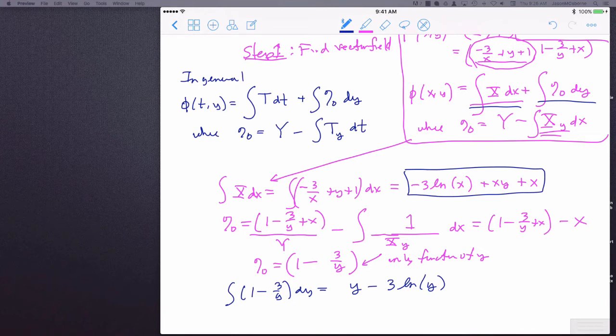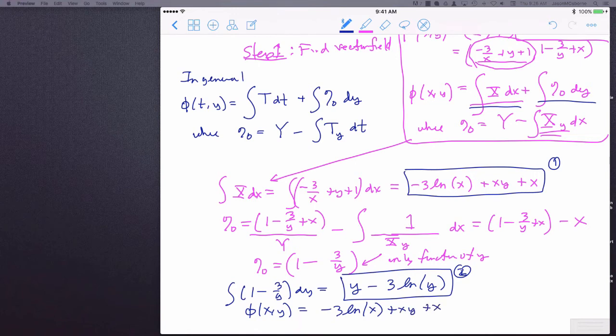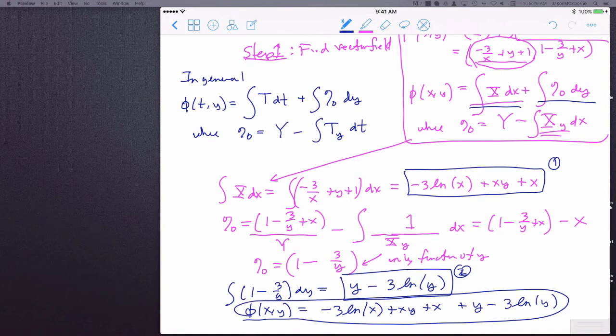And now we have our potential function. It's a function of x and y. It is going to be the first block and then the second block added to each other. And therefore you will get negative 3 logarithm of x plus xy plus x, and then add that to y minus 3 logarithm of y. There is your potential function.